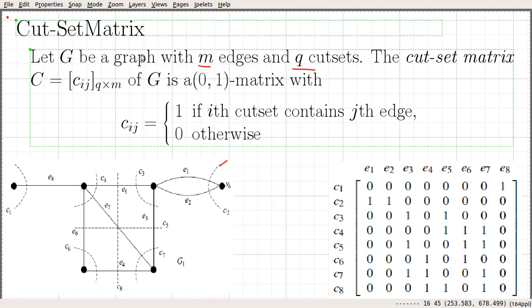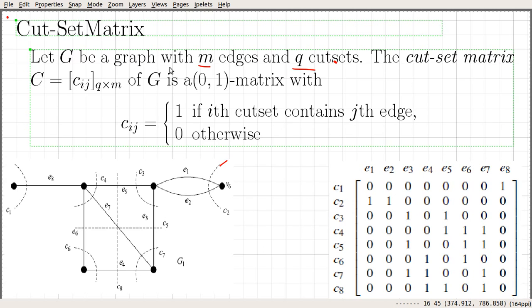So here we are discussing the cut set matrix. Let G be a graph with m edges and q cut sets. If you look at this particular graph, it has 8 edges E1, E2 up to E8, and 8 cut sets C1, C2, C3, C4, C5, C6, C7 and C8.